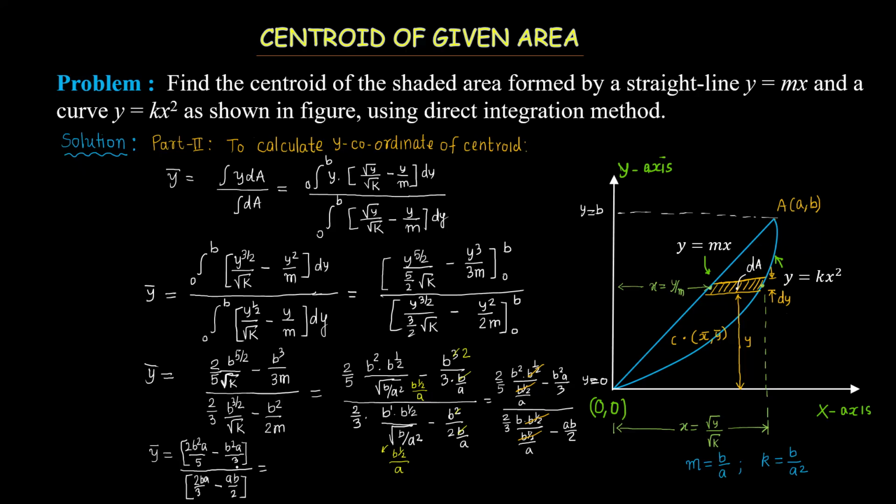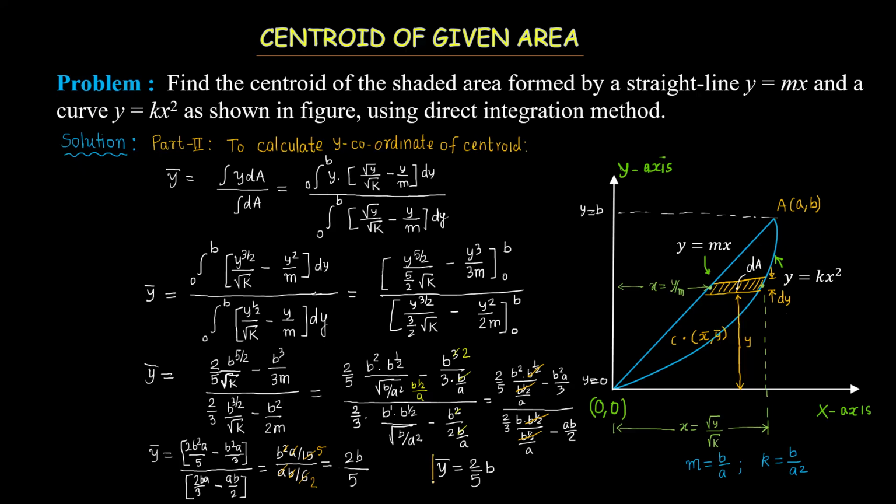Now if you simplify this, it is going to be 6 minus 5, so 6 minus 5 is going to be 1, so b square a by 15, and 4 minus 3 is 1, so ab by 6, and if you further simplify, friends, you can easily get 2 times b by 5. This is the value of y coordinate of centroid, friends. You'll be getting y bar as 2 by 5 b.